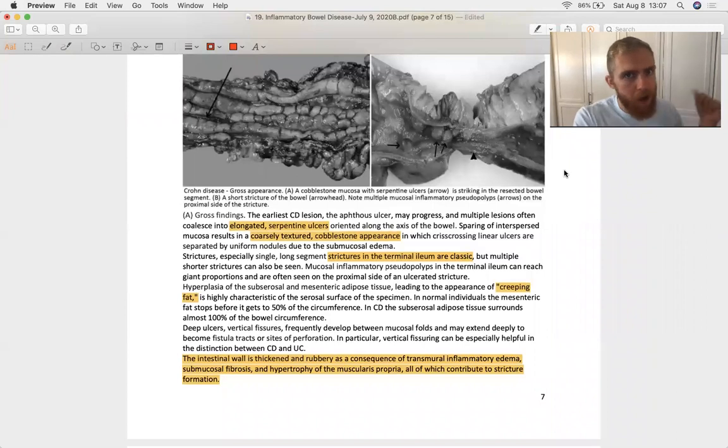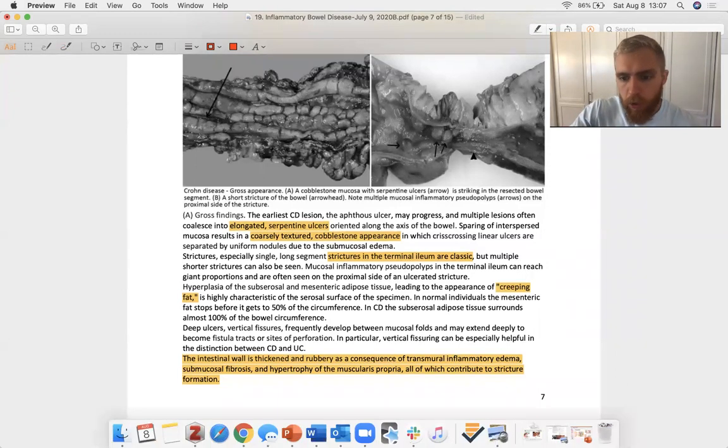When you start popping off the microvasculature of the kidneys and you start losing glomeruli, the rest of them are going to swell up to kind of pick up the slack for that dead tissue. So same thing's going on in the gut here. That's your cobblestone appearance. Strictures in the terminal ileum are classic.